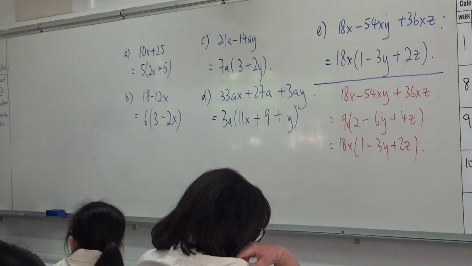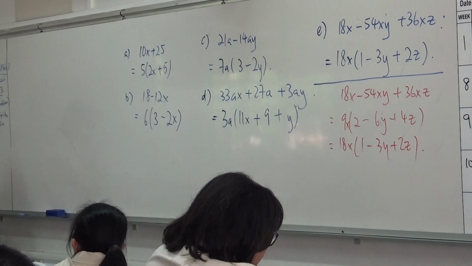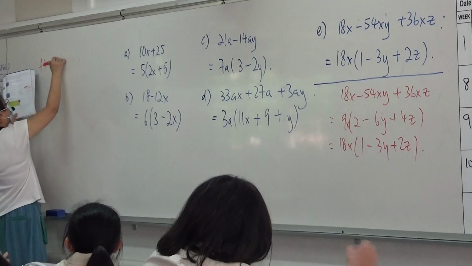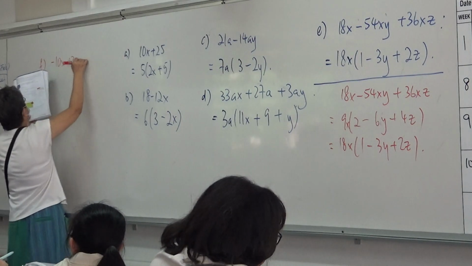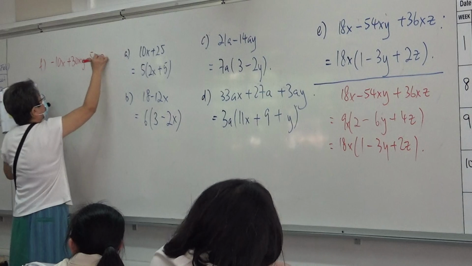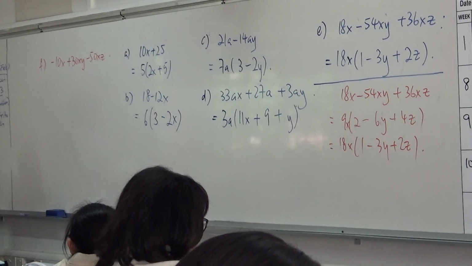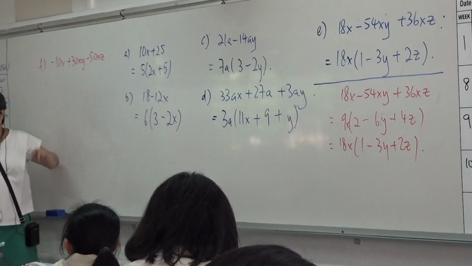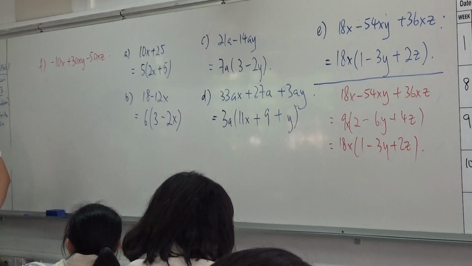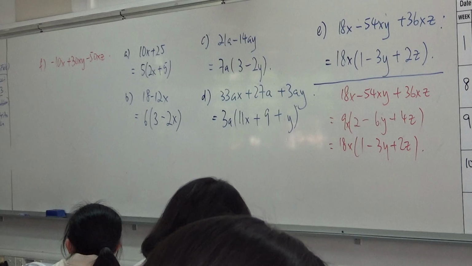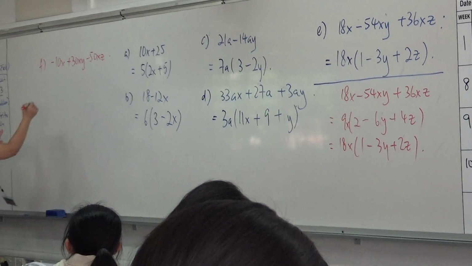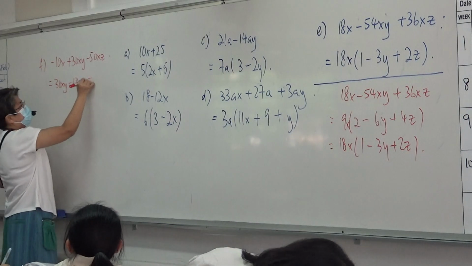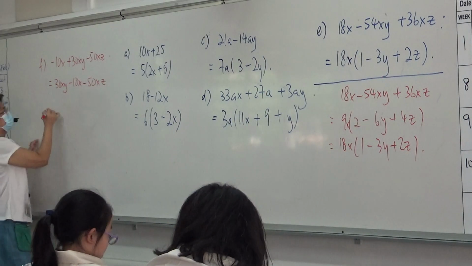Okay. Next one. This one I'm going to teach you. Can you see there's a mixture of plus and minus? Usually we rearrange first. Put the plus in front. So what do we have? 13xy minus 10x minus 50xz.